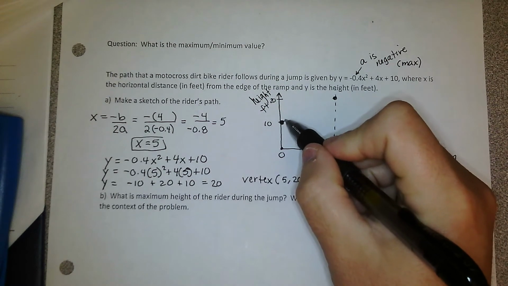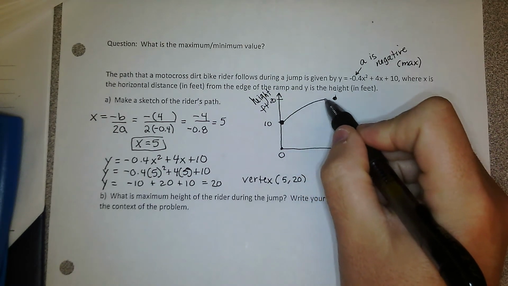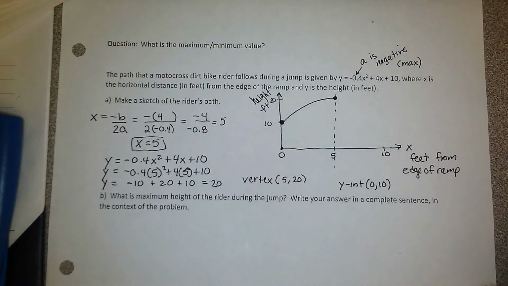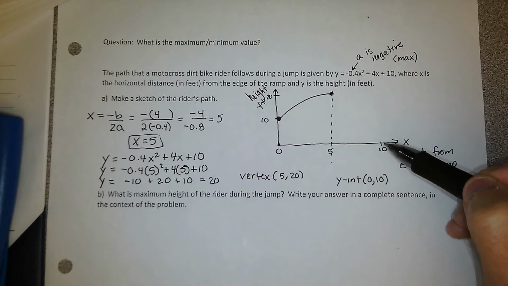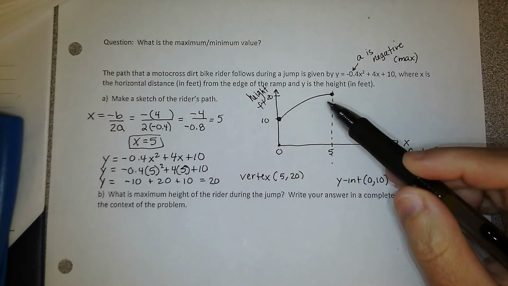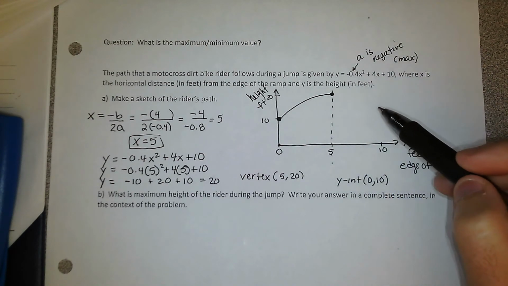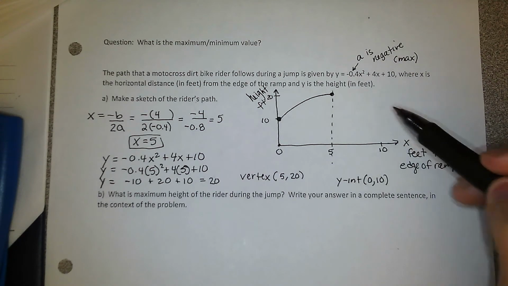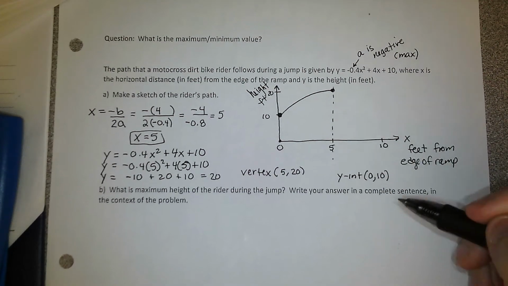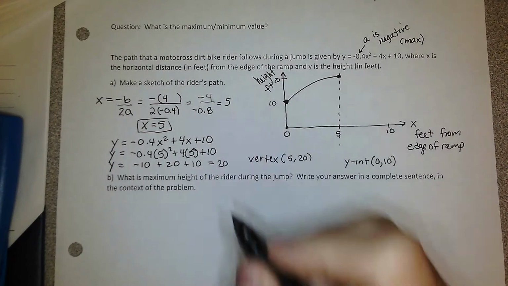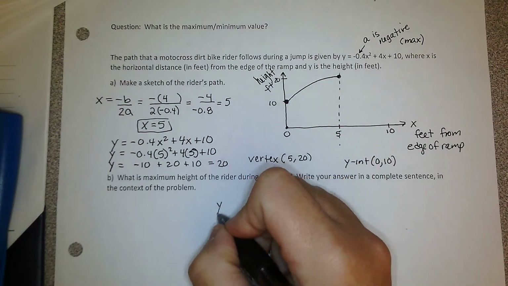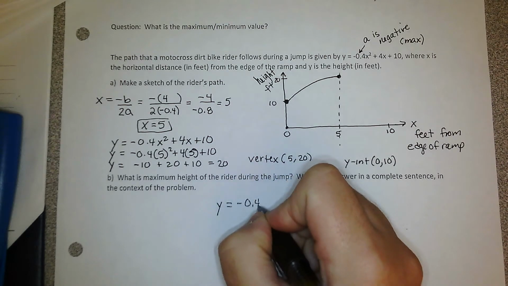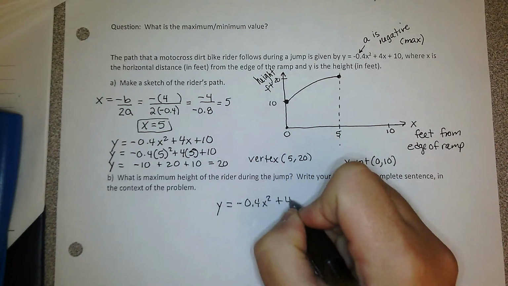So he's going to come up. There's the jump. I'm interested to see where is he at 10 feet? I don't know if it's going to be here or not. I need to plug 10 in. I got to know. So y equals negative 0.4x squared plus 4x plus 10.